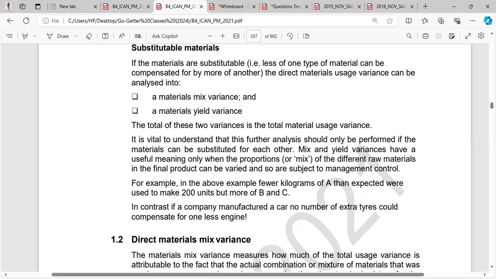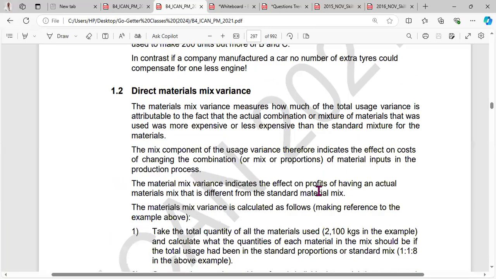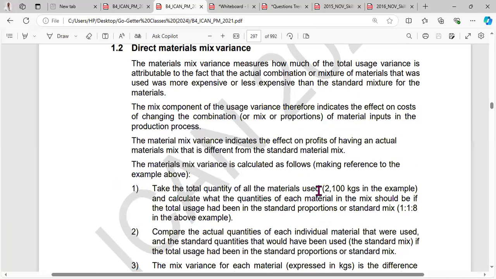Now let's look at direct materials mix variance. The material mix variance measures how much the total usage variance is attributable to the fact that the actual combination or mixture of materials used was more expensive or less expensive than the standard mixture of the material. You will get to see that.